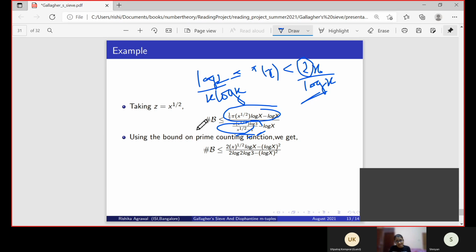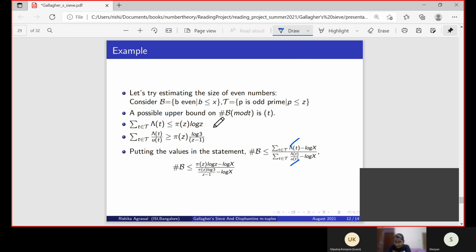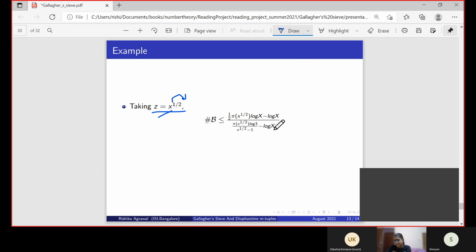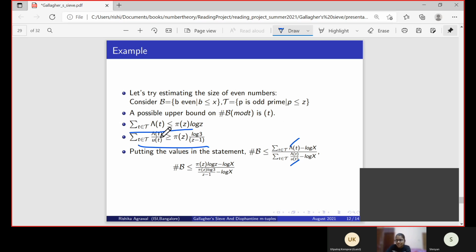Also from this example, I wanted to highlight that though we have a very good sieve method, what we still need is these upper and lower bounds on some nice arithmetic functions to really use these sieves. A lot of complexity in using the sieves comes after we have a sieve available, like the Brun sieve, or this Gallagher sieve as we have done, and I just want to use it.